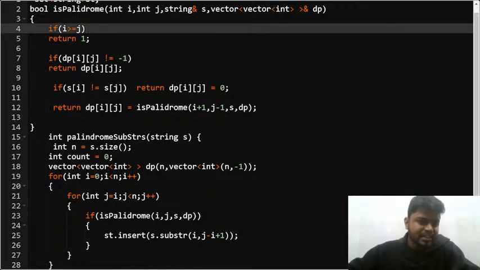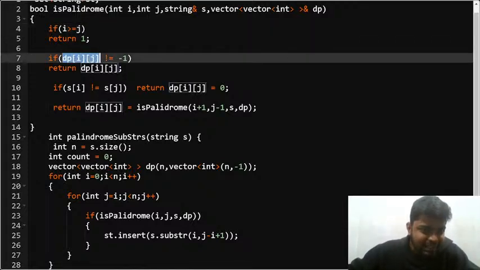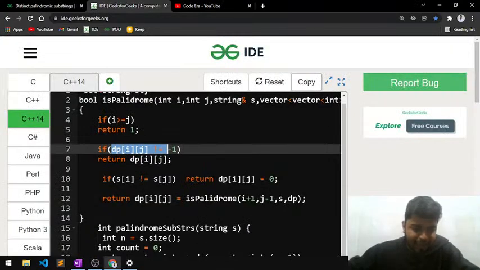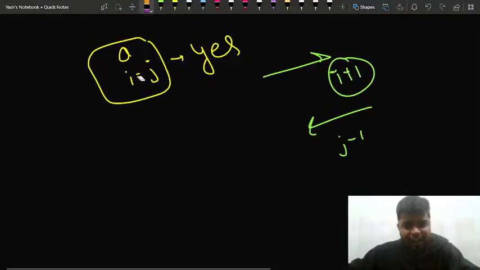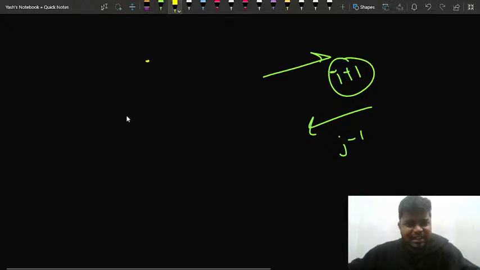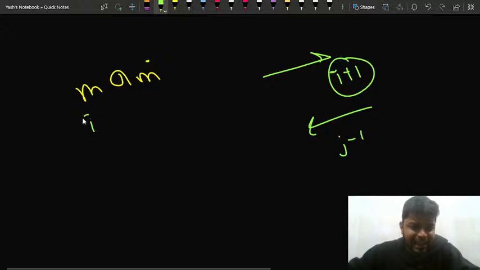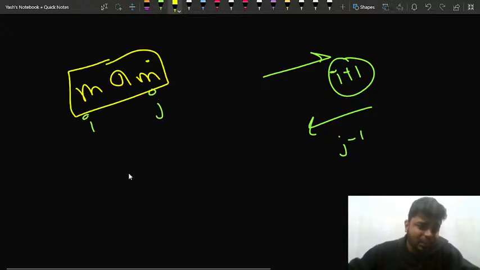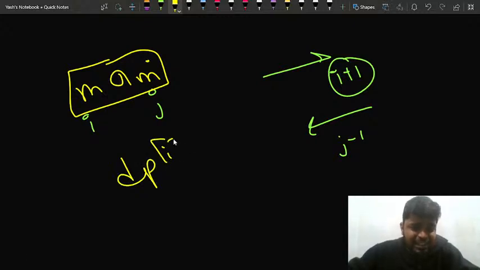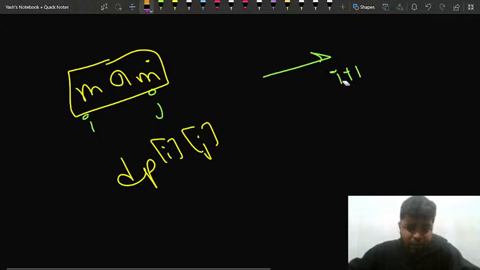If it happens that the DP of the I, j substring is not equal to -1, let's say I have a situation like MAM, with some I here and some j here, and this string is already calculated and marked as a palindrome, then it will be marked as 1 in the DP table.